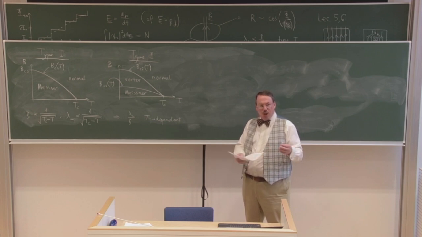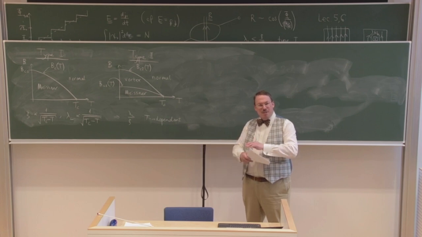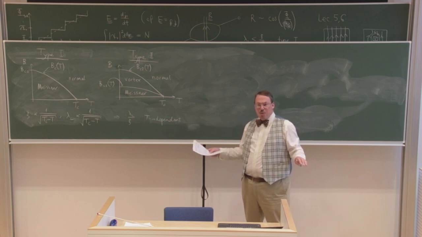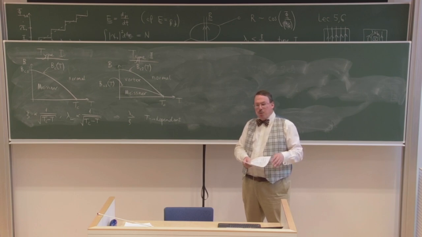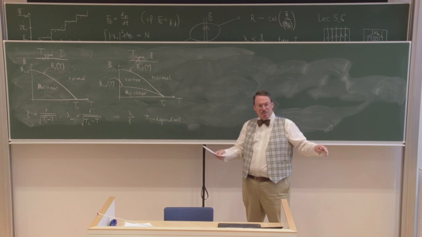So there's this work from the 1970s by Markey and Thompson and Aslamasov and Larkin and others, where they ask, obviously on average, and the Ginzburg-Landau theory is an average theory, the average order parameter is 0 above Tc and it's non-zero below Tc, but there will be spatial fluctuations.